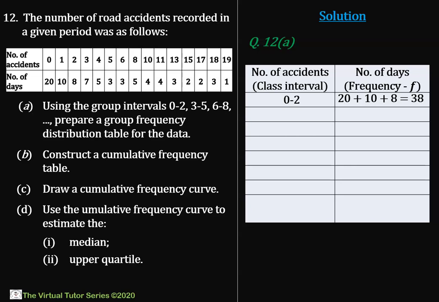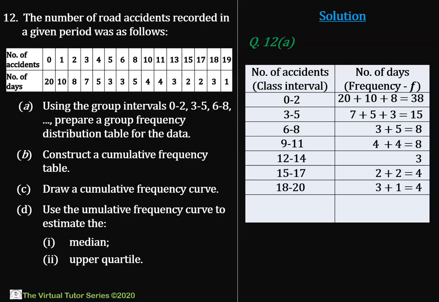The next interval is 3 to 5 with frequency of 7 plus 5 plus 3, which is 15. Next is 6 to 8 with a corresponding frequency of 8. That is 3 plus 5, and so on. So we have the total number of frequency or sum of F to be 80.